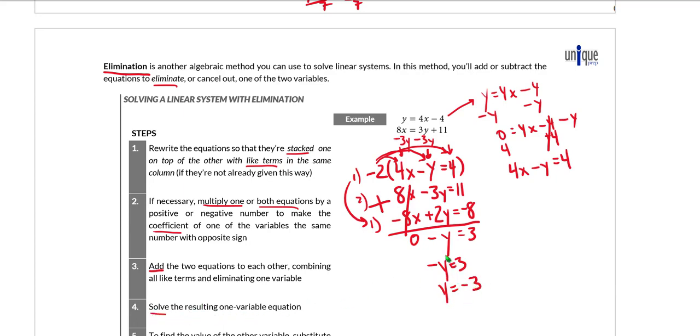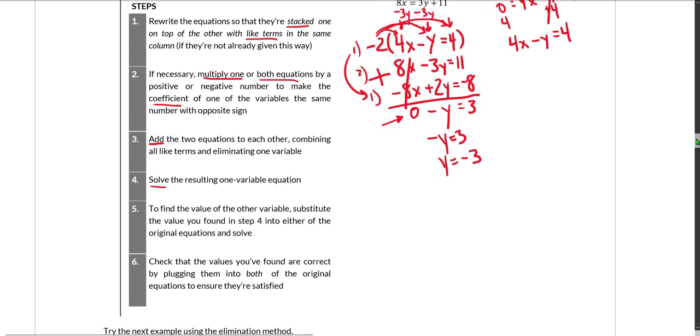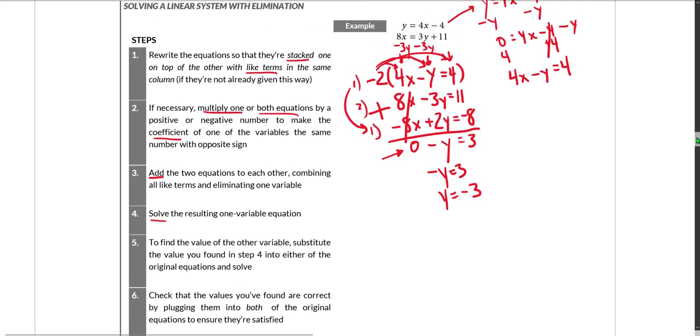We have just performed step 4. We solved the resulting one variable equation for one of the variables, and now what we do is very similar to what we did in substitution. We find the value of the other variable. This is step 5 down at the bottom there, by the way. We find the value of the other variable by throwing that -3 back into one of the two equations.